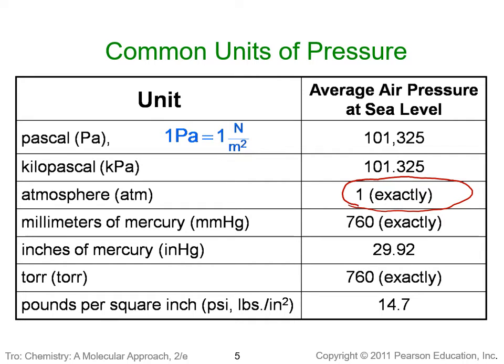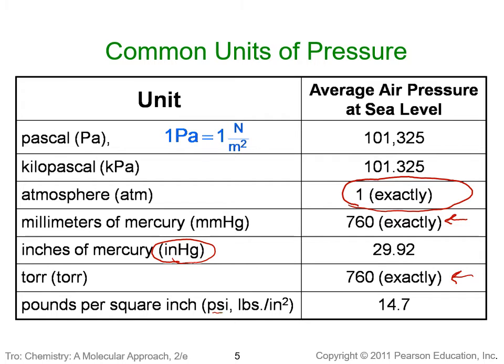So we are going to be converting to atmospheres in order to use the equations in this chapter. Most frequently, it is going to be converted from millimeters of mercury or torr. These are the most common units that we use. But in the United States, you might see inches of mercury because this is what atmospheric pressure is measured in.